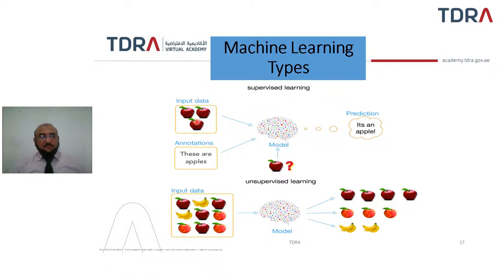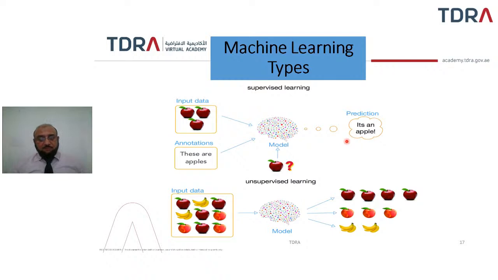We feed this data, for example the apples, and we also tell the model that this sample is an apple. Then we feed a new picture of a fruit to this model.